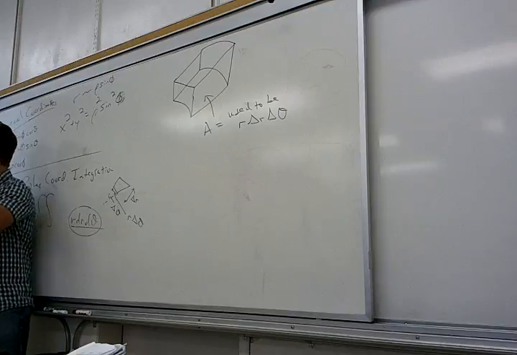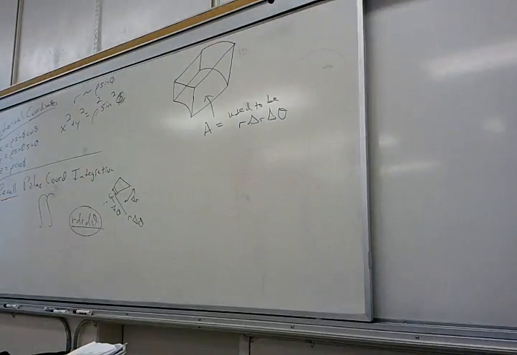Because watch, here's a really cool picture. Let me see if I can bring this around so we can see it. So at the base, in the XY plane, it's the way it was before.